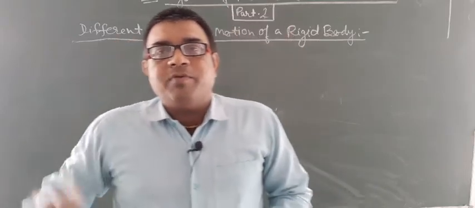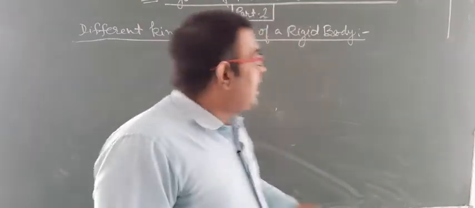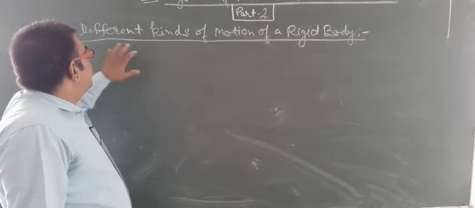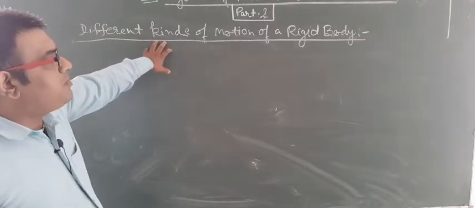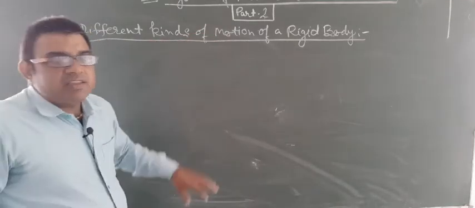The next type of motion we are going to discuss in this video is the fourth type of the different kinds of motion of a rigid body.